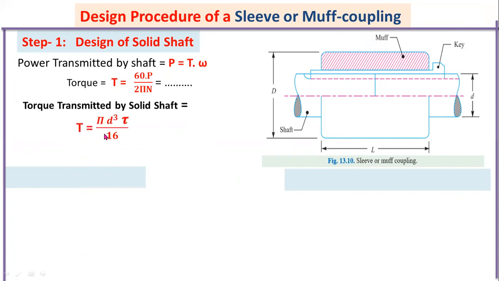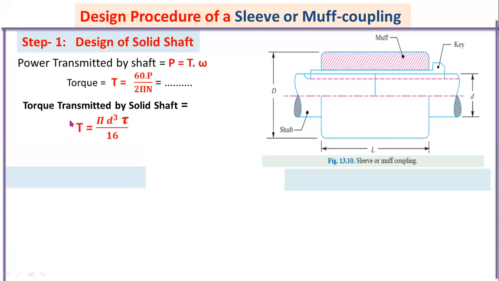Now, here we are going to design a solid shaft, so you have to use the solid shaft formula. Torque transmitted by the solid shaft, T equal to pi d cube by 16 into tau. Here small d is the outer diameter of the solid shaft, and tau is the shear stress induced in the shaft material. T is the torque transmitted by the shaft.